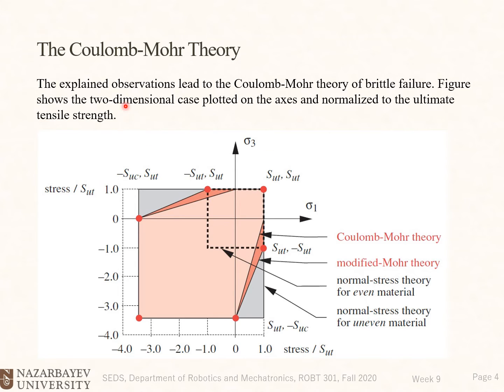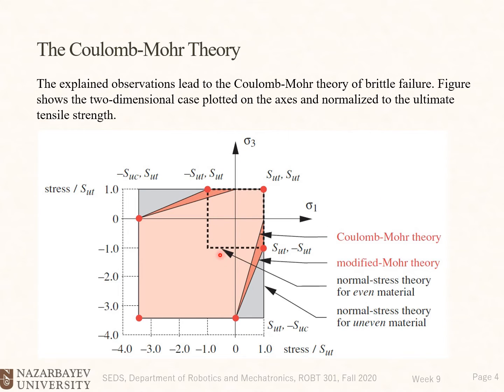The figure shows the two-dimensional case plotted on the axes and normalized with the ultimate tensile strength. So we have a sigma 1 and sigma 3 plot.